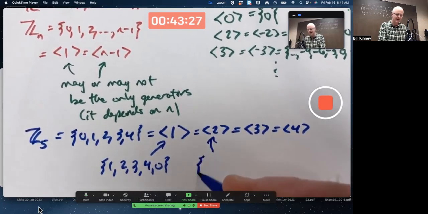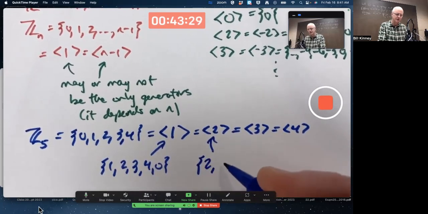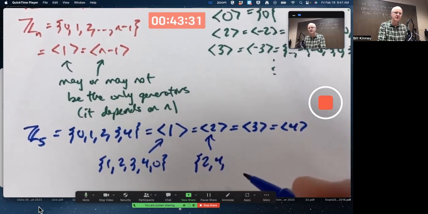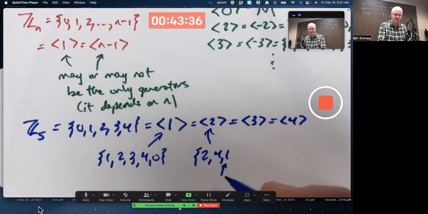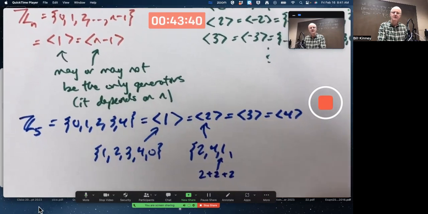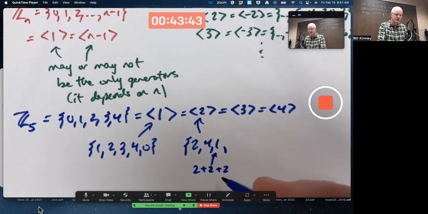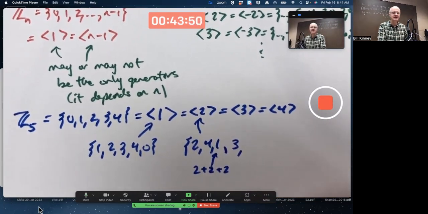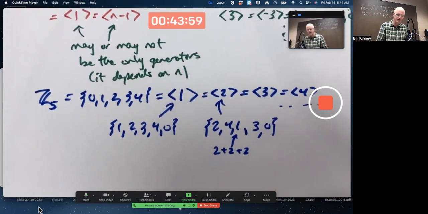Here, think about adding 2 to itself. 2 plus 2 is 4, 2 plus 2 plus 2 is 6, mod 5 is 1. 2 plus 2 plus 2 plus 2 is 3. 2 plus 2 plus 2 plus 2 plus 2 is 0. And I could do similar kinds of things with these other elements to see that I get all of Z5. So Z5 has 4 generators.